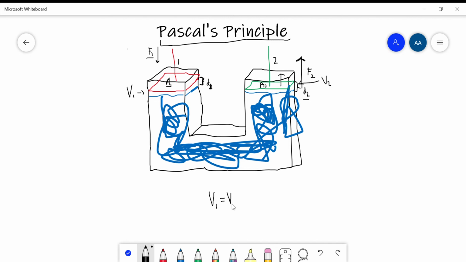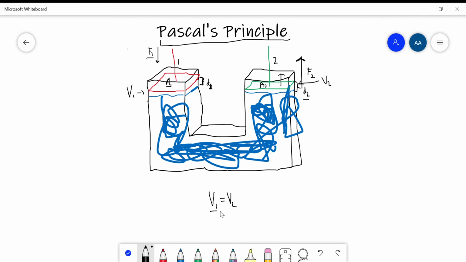This is something you should recognize when doing a problem like this. So V1 is equal to V2. That means that the volume of water that you push down is going to be equal to the volume of water that gets pushed up on the other end of this tube.